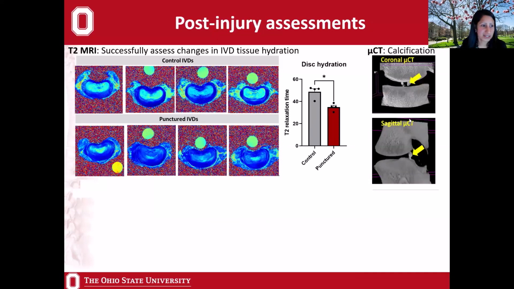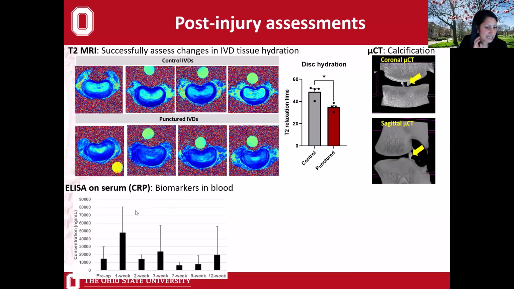And also something we noticed in a lot of the dogs are these calcification deposits that were present also in the dog model. We then performed ELISA on the serum, so we could measure C-reactive protein as a biomarker in the blood over time, and we could track that.